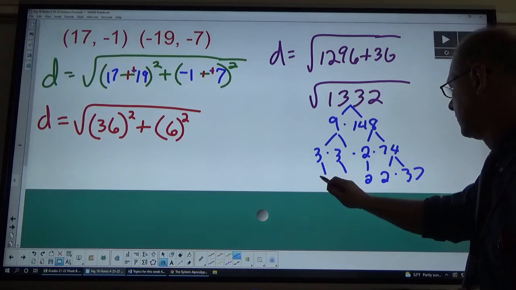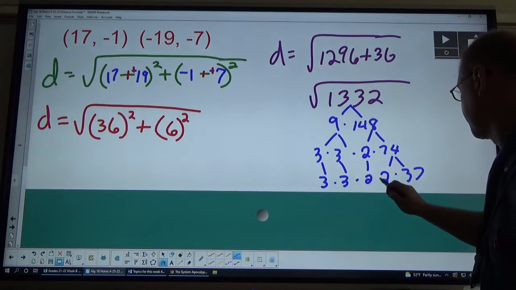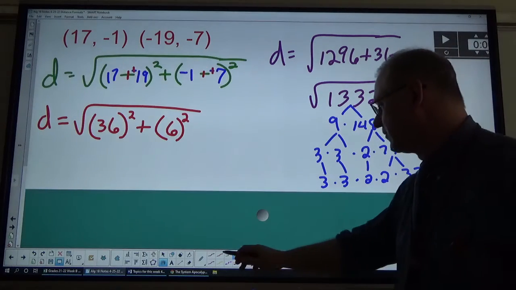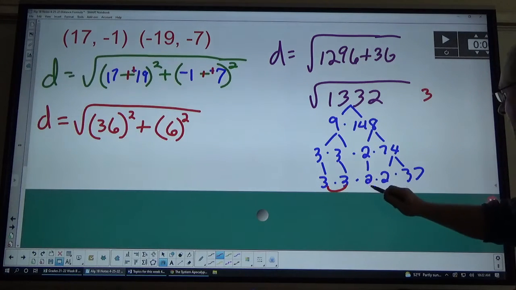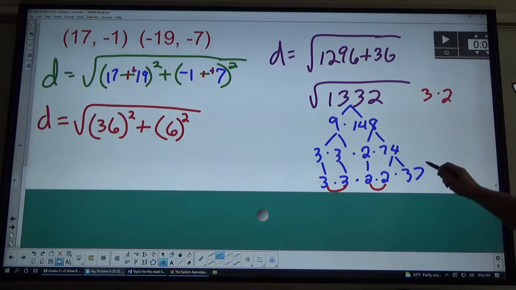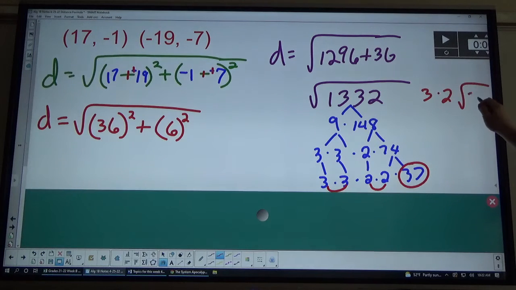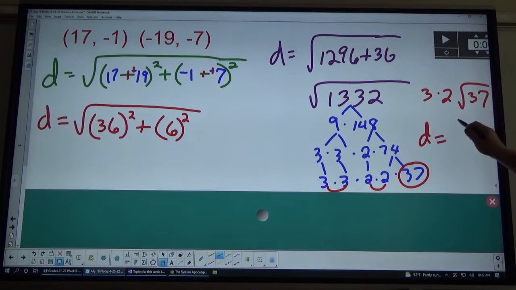2, 3, 3. I need a pair to pull one out. I have a pair of 3s. I have a pair of 2s. And the 37 is left inside. So I've got 3 times 2 times the square root of 37. That's d is 6 square root 37.